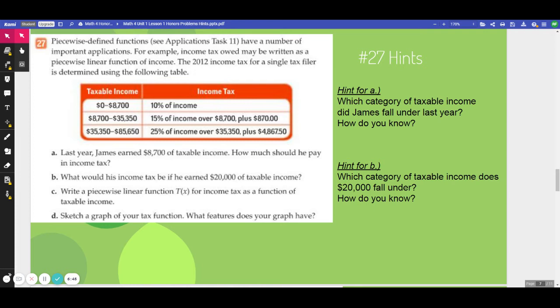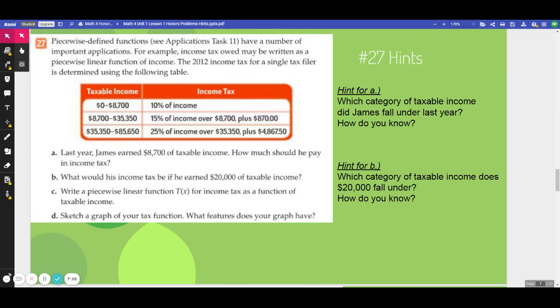So the hint for A is, which category of taxable income did James fall under last year, and how do you know? And the hint for B is, which category of taxable income does $20,000 fall under, and how do you know?